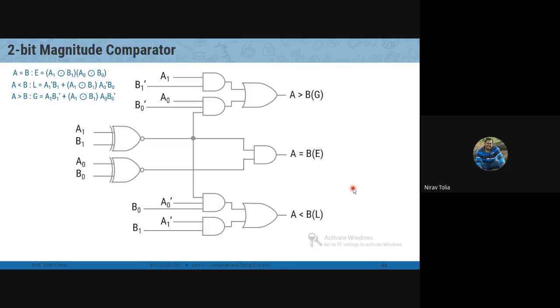So does anyone have any doubt in the comparator? If anyone has any doubt in the comparator, you can ask me a question in the chat session, or you can ask me by unmuting yourself. Anyone having any doubt?